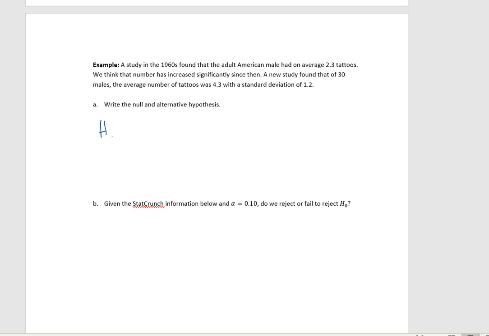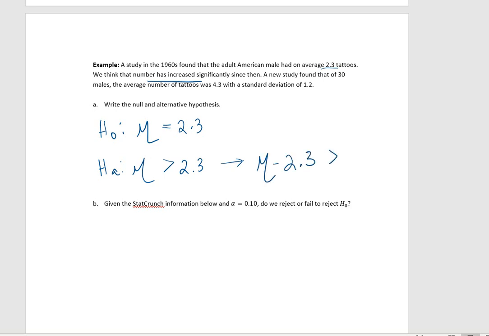So our null hypothesis is that mu has remained unchanged, so we still think that mu equals 2.3. And our alternative hypothesis is that we thought the number had increased, so we think that mu is greater than 2.3. Remember, another way of writing that is that mu minus 2.3 is greater than 0.